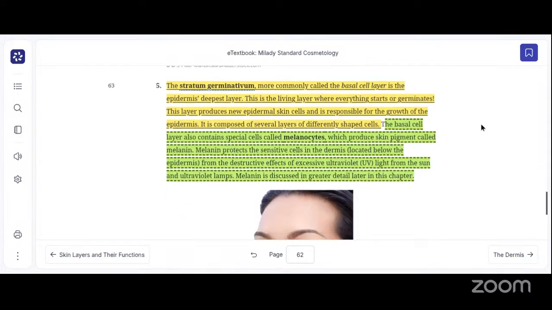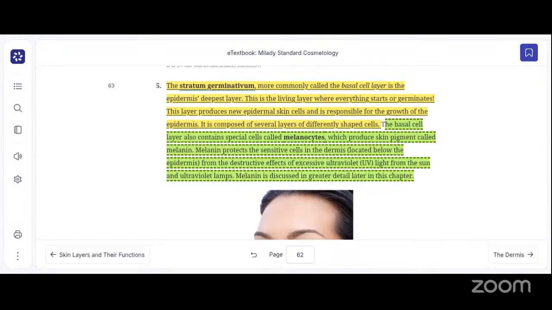But there's only certain individuals, people of color, whose cells produce melanin. So Europeans, who we would consider Caucasian white, have the same number of melanocytes, melanin cells, like we do, but their cells just do not produce melanin.